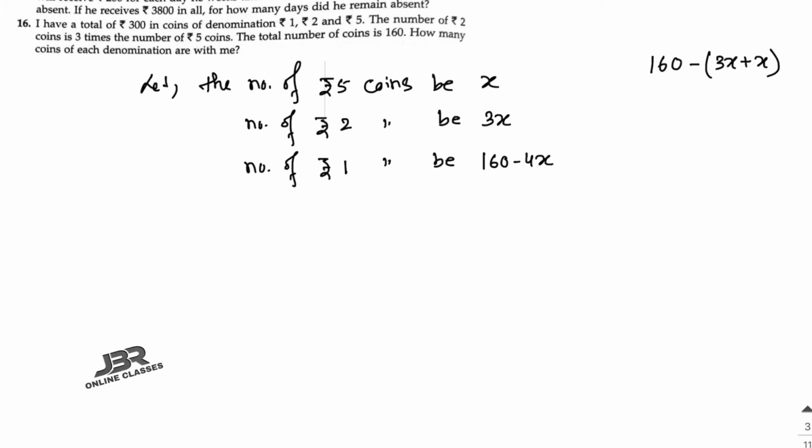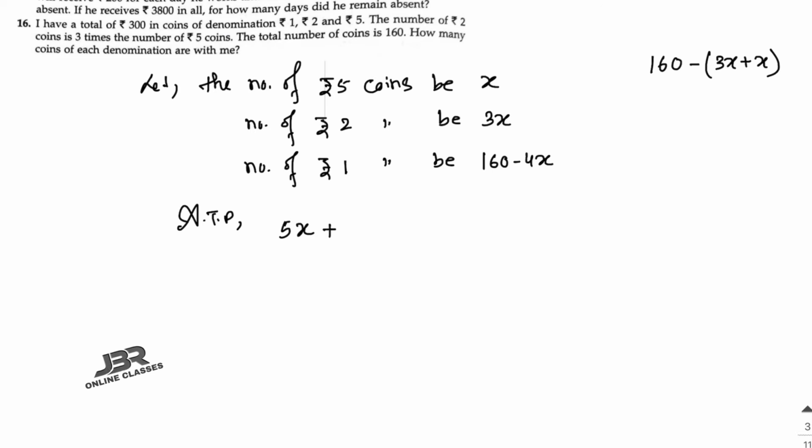Now the total denomination is rupees 300. So according to the problem, you have x 5 rupee coins. One 5 rupee coin means 5 rupees. Two 5 rupee coins means 5 into 2, 10. Three 5 rupee coins means 5 into 3. So in this way x 5 rupee coins means 5 into x.